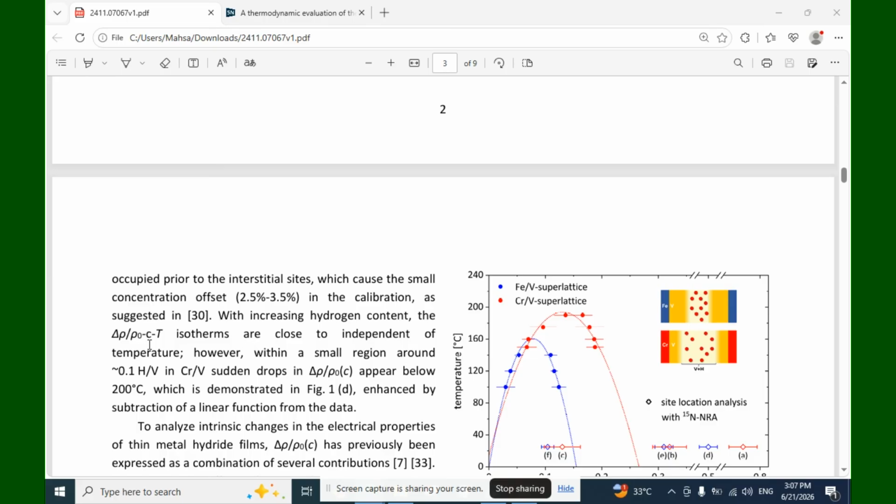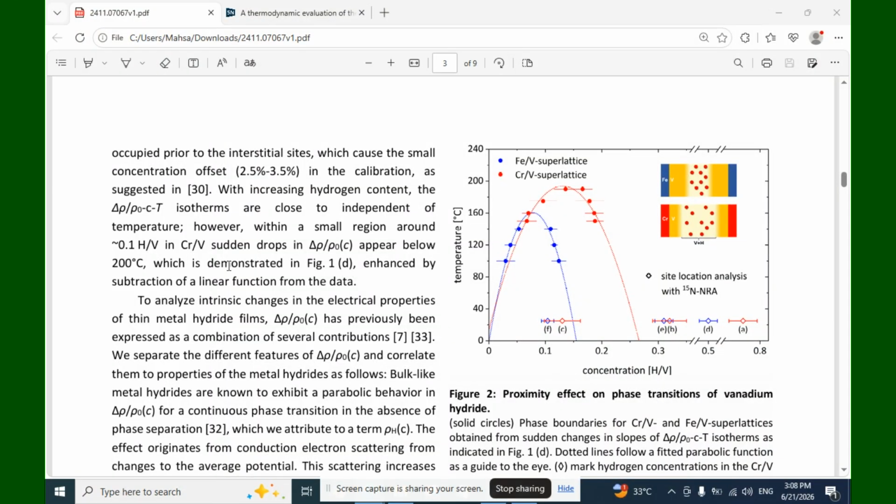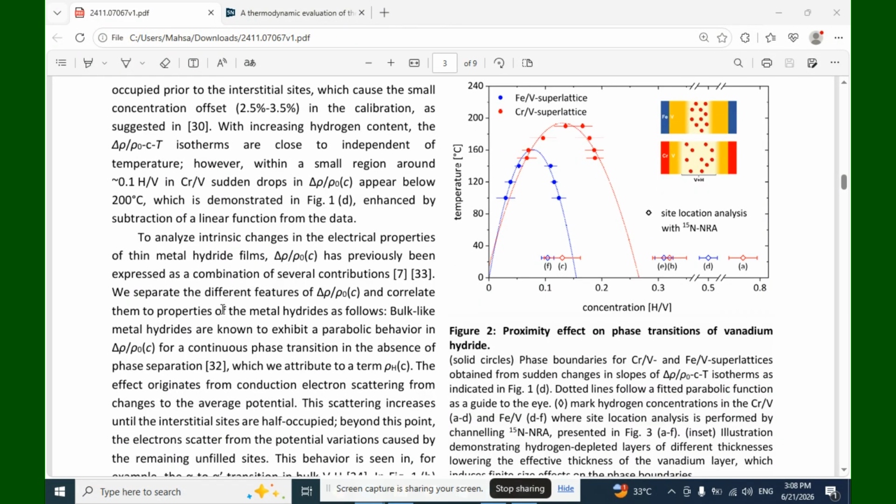The delta rho per rho 0 Ct terms are closely independent of temperature. However, within a small region around 0.1 H per V and 0 in chrome V, sudden drops in the density appear below 200 degrees Celsius, which is demonstrated in figure 1d, enhanced by subtraction of a linear function from the data to analyze intrinsic changes in the electrical properties of the metal hydride films.